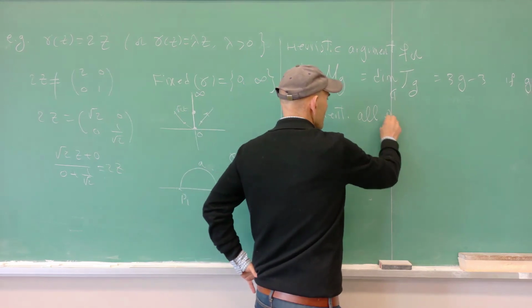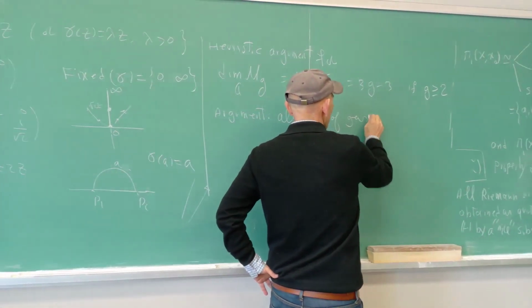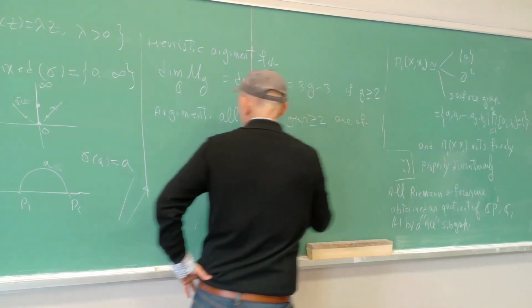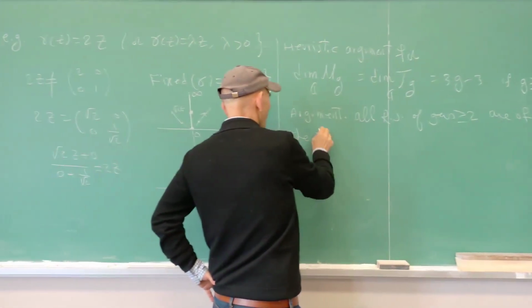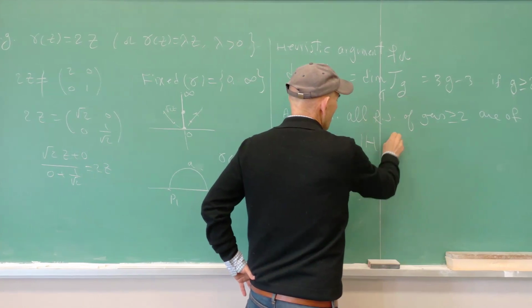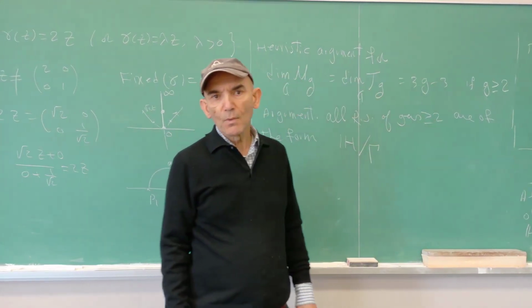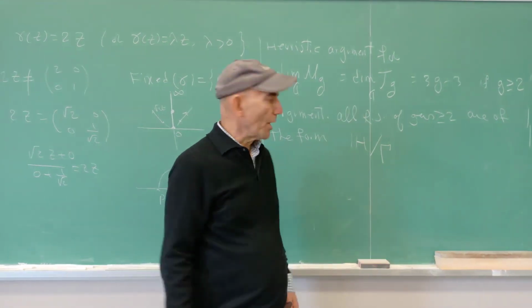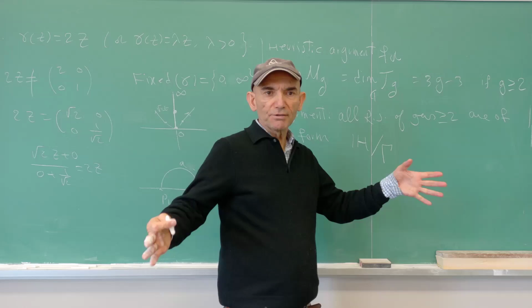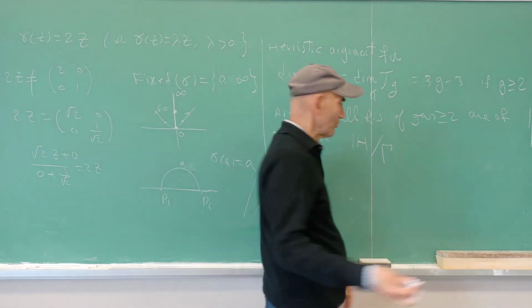All Riemann surfaces of genus bigger or equal to 2 are of the form upper half plane divided by a Fuchsian group Gamma of the first kind. But Gamma is basically a group that has two g generators and one relation, because of the fundamental group of the manifold, right?